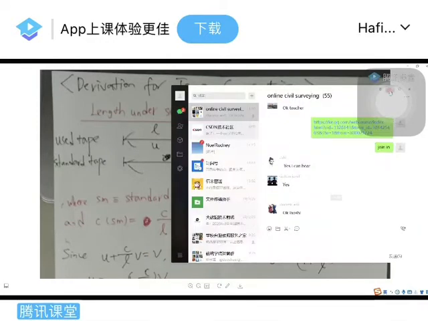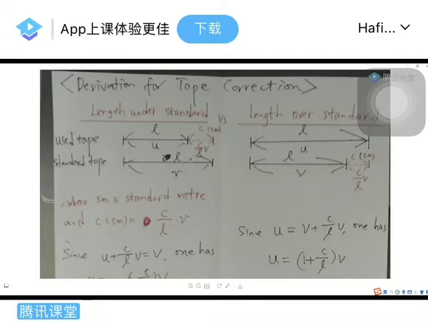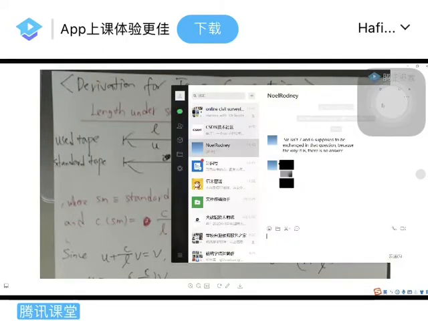Next one. Now you already constructed the relation between the physical one and the reading one, the nominal one. The nominal one is C, the reading from your tape. And this one is the physical one. There are no units. Okay, next one.